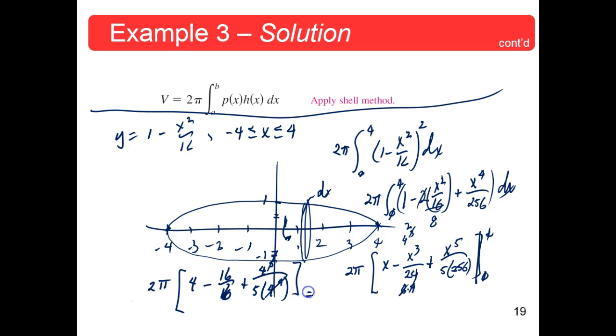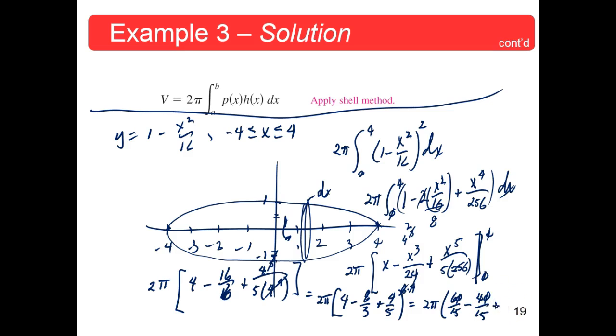So this is going to be 2 pi times 4 minus 8 thirds plus 4/5. If I'm doing it right, I hope I have. Least common denominator is going to be 15. So that's going to be 2 pi times, well, 4 and 15ths would be 60 15ths, right? Minus 40 15ths, right?